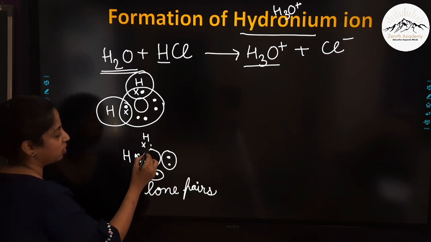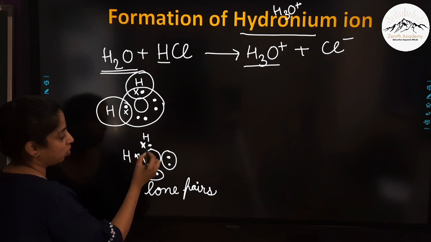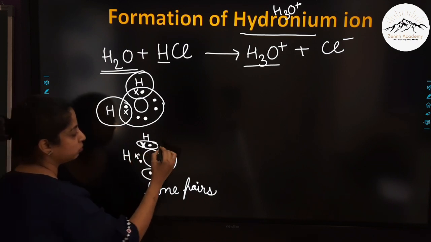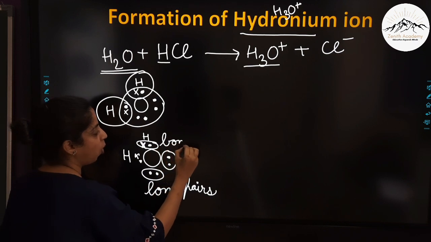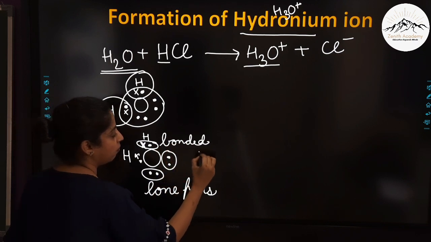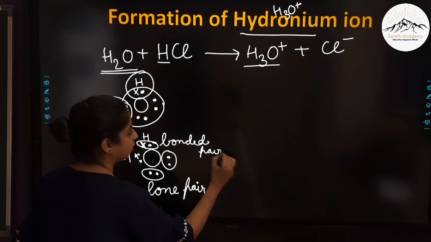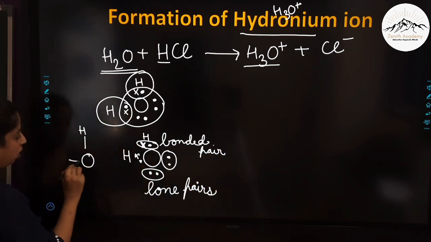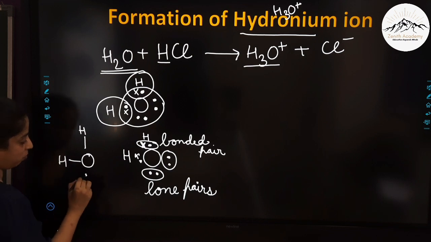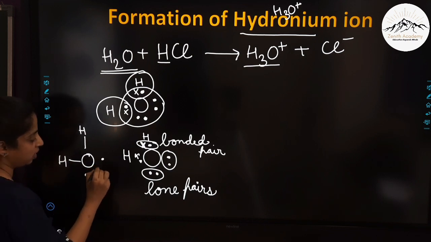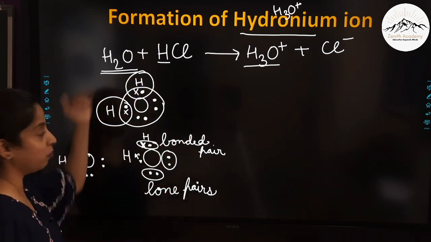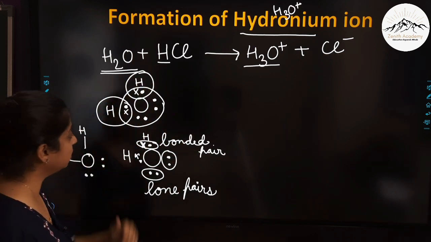Here this electron is combining with this electron of hydrogen, so this is a bonded pair. This pair of electrons is a bonded pair. Why bonded? Because it is forming a bond. Here this oxygen is forming a bond with hydrogen. Here also it is forming a bond with hydrogen. But here these 2 electron pairs remain as they are. So this is the structure of water molecule which will help us to study this.